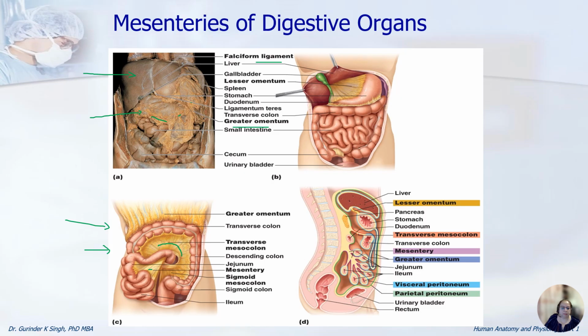For example, the one which touches the transverse colon is known as the transverse mesocolon. Okay, then we have the one which is touching near the sigmoid colon, known as the sigmoid mesocolon. Okay, so this is the sigmoid. And then just near the jejunum, this portion, we only call it the mesentery.